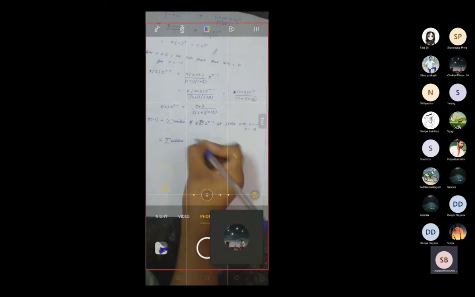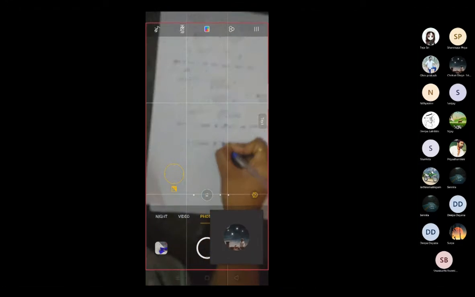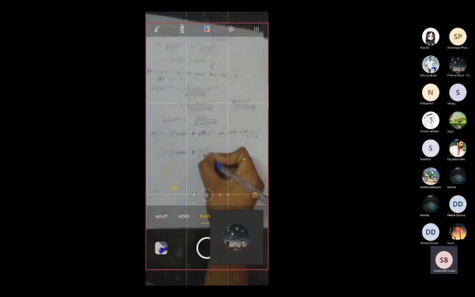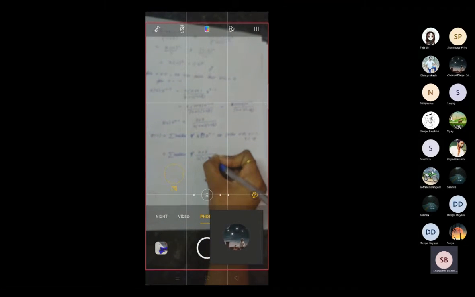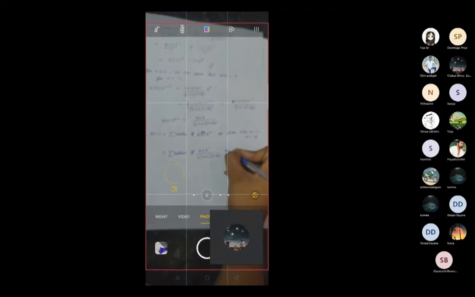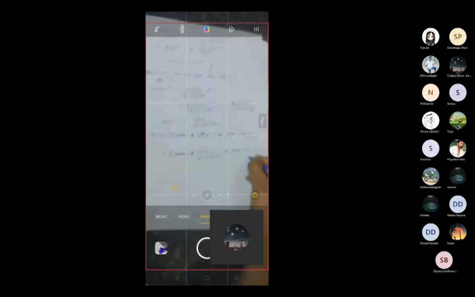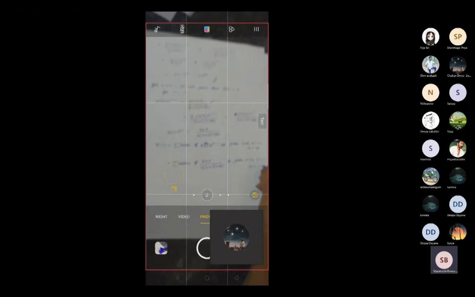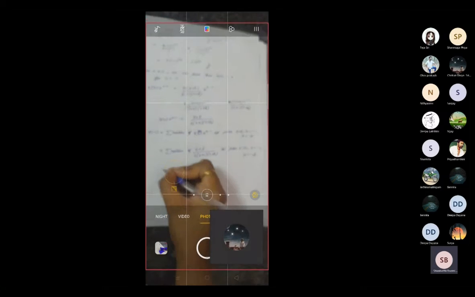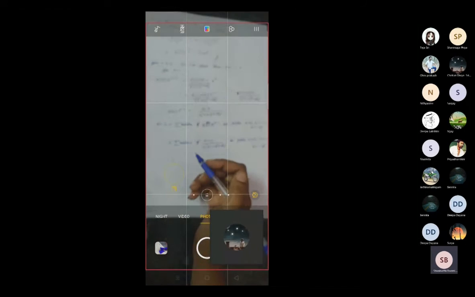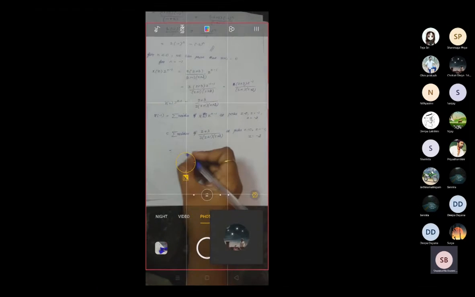Residue of z plus 3 divided by z into z plus 1 into z plus 2 at poles z equal to 0, z equal to minus 1 and z equal to minus 2. Okay, so if 3 poles is there now, you will get 3 residues. So write that 3 residues.